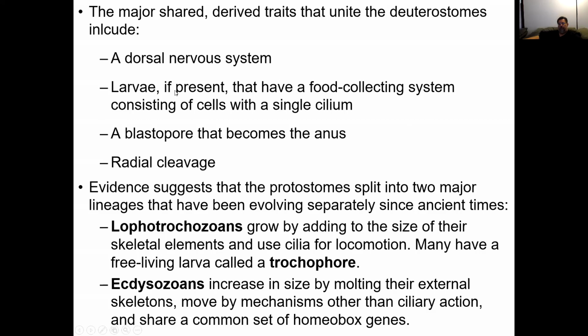It says larvae if present, because we don't have larvae running around. They can collect food using a single cilium, which allows them, I guess, to push food into their mouth. But again, we'll get to that when we get to that. A blastopore, as I mentioned, becomes the anus. Radial cleavage, I've already mentioned that.